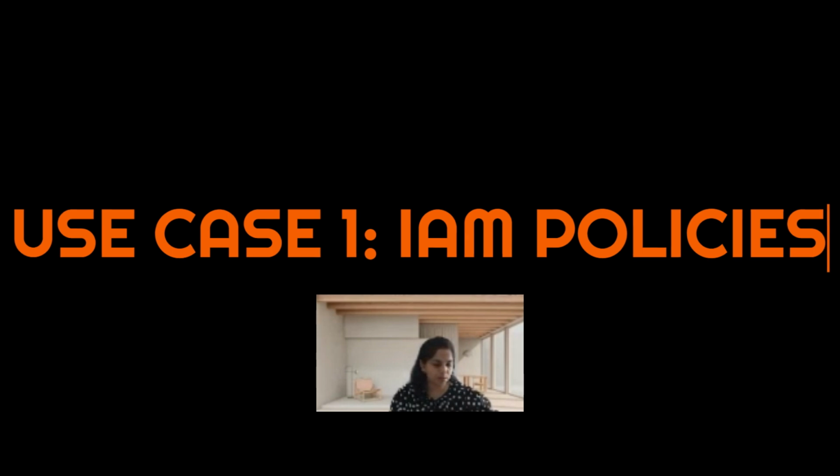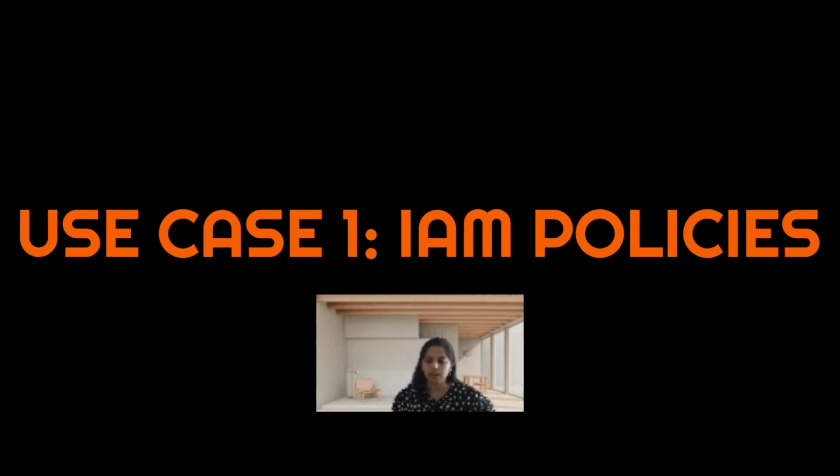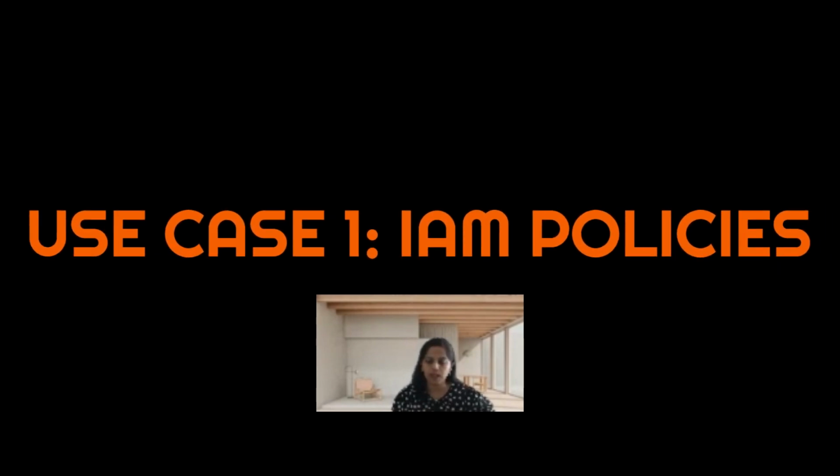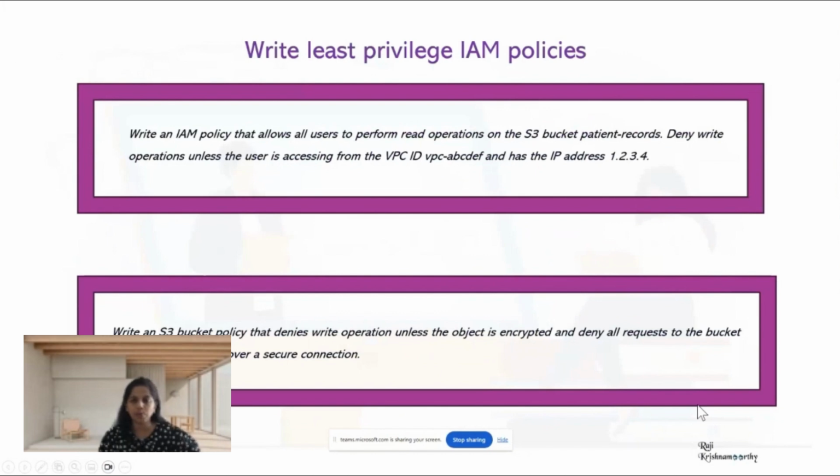So first and foremost, the first use case that we are going to see is the IAM policies. Here, we are going to start with a very simple IAM policy, wherein we'll use GenAI to write a policy which will allow users to read from a particular S3 bucket.